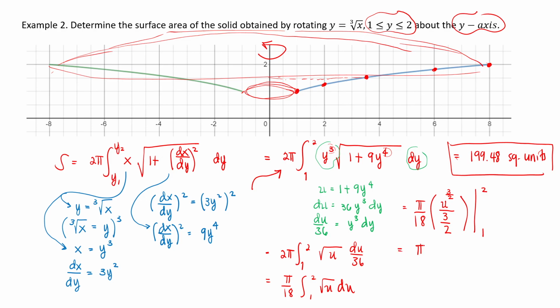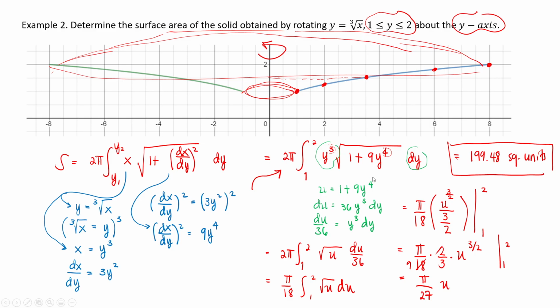So pi over 18 times 2/3 and then u to the power of 3 halves. You're going to have pi over 27, 9 times 3, and then u.